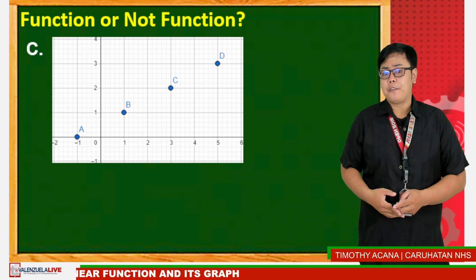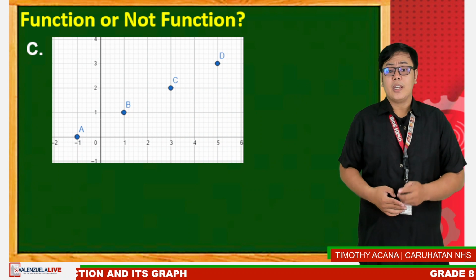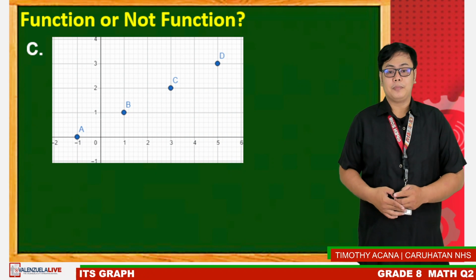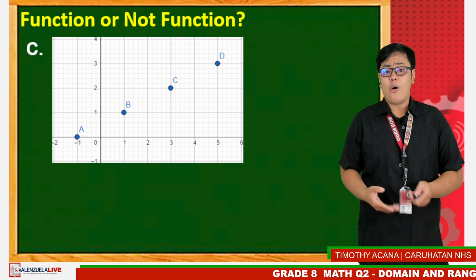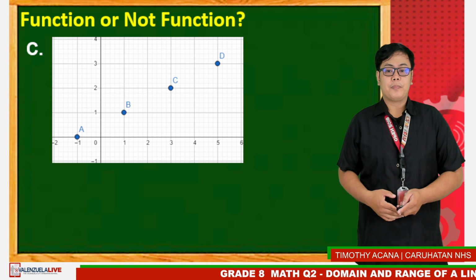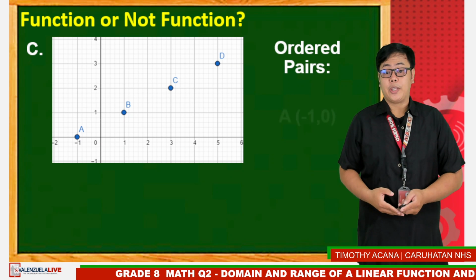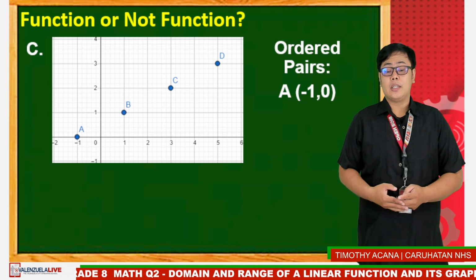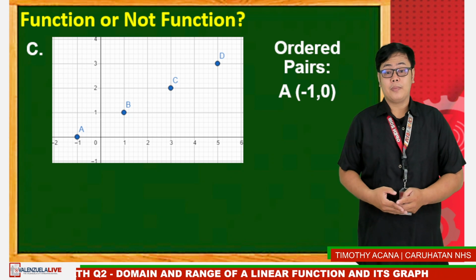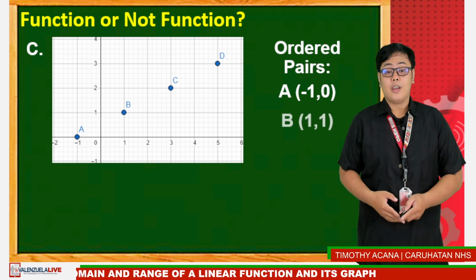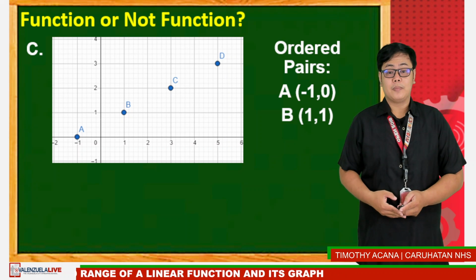Now let us identify if the given finite graph is a function or not. Let us identify the ordered pairs from the given graph. The ordered pairs are as follows. Point A, (-1, 0). Point B, (1, 1).